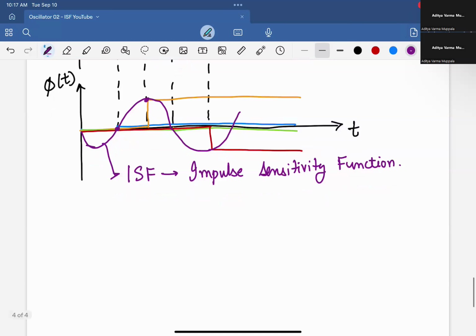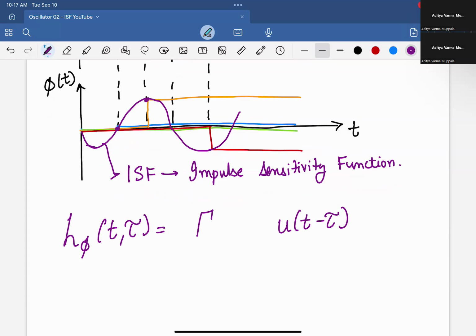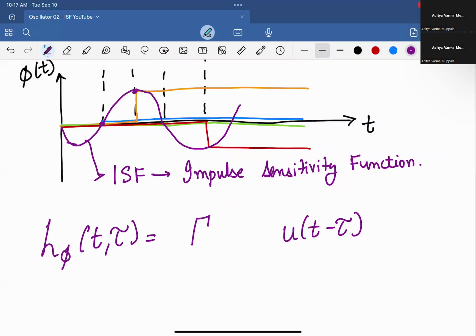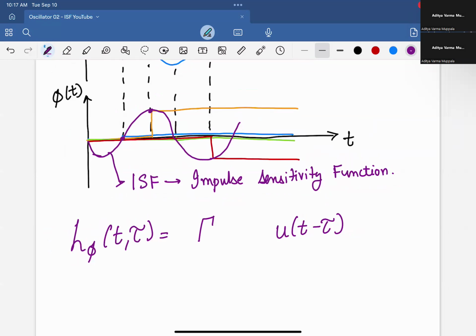Okay, let's make that a little bit more mathematical. So we are trying to characterize the impulse response, h_phi of t comma tau. And we said that that's a unit step function that starts at tau, so that's u of t minus tau. And the amplitude of the step function is also a function of tau. It changes based on where you excite it.